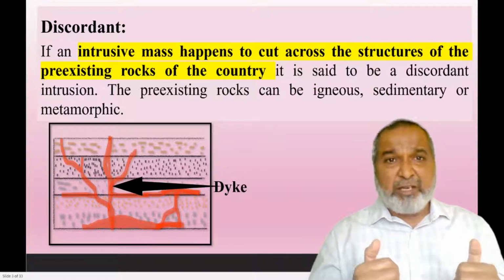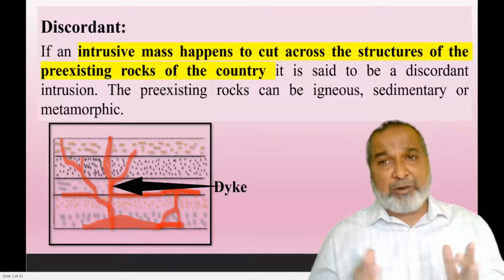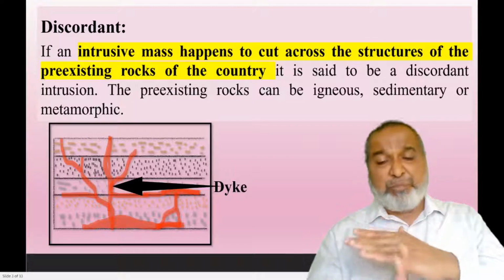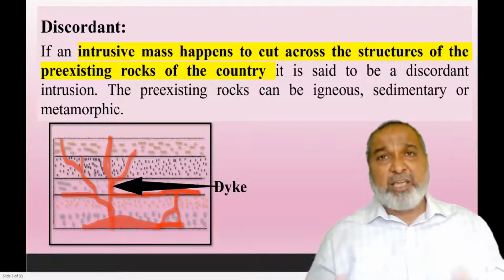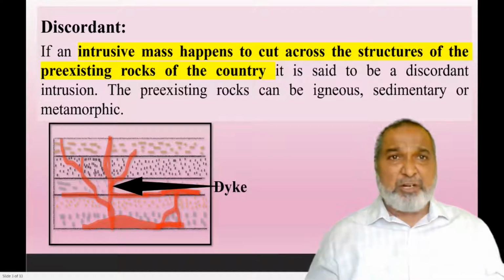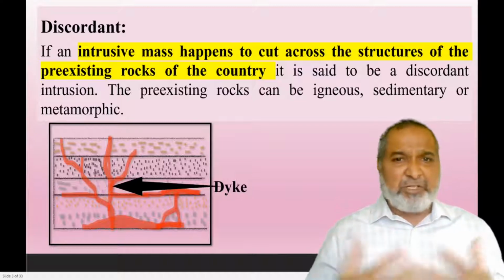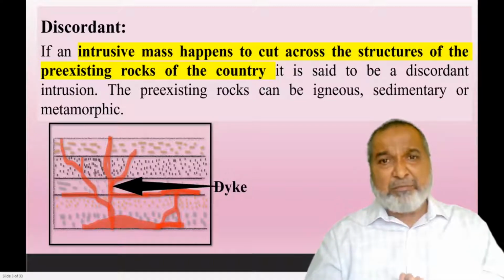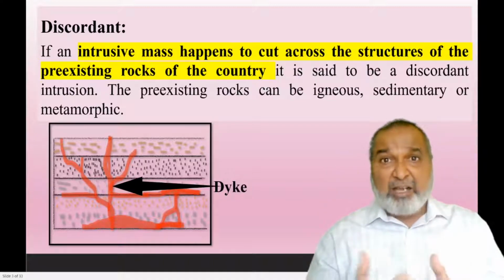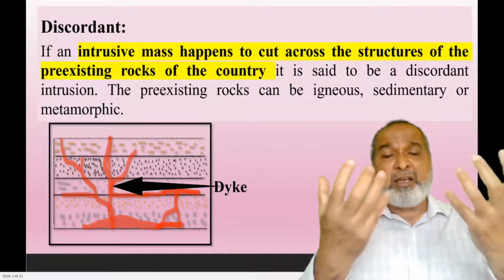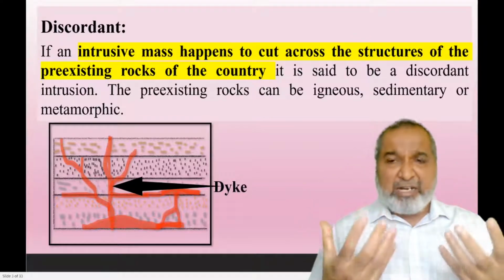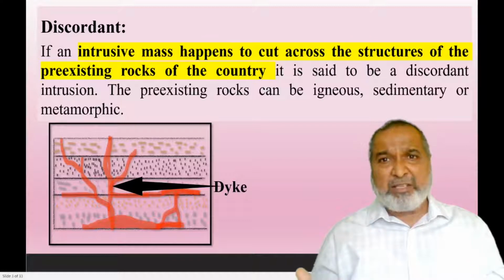That is, if the intrusive mass happens to cut across the structures of pre-existing rock, whether it may be igneous rock, sedimentary rock, or metamorphic, whichever rock is there, that magma is going to cut, and that particular material may completely melt or partly remain. So that will remain as contaminated.